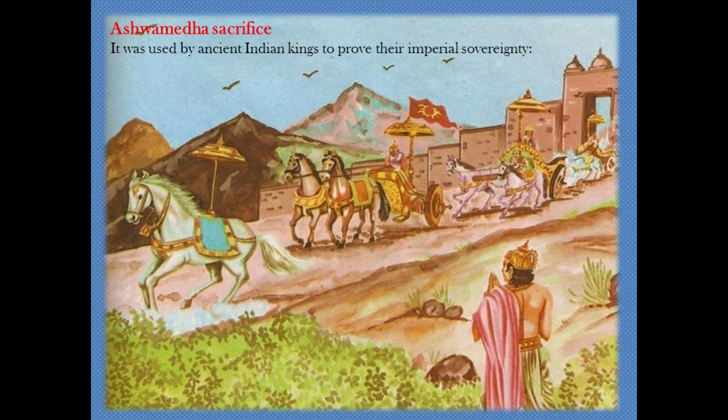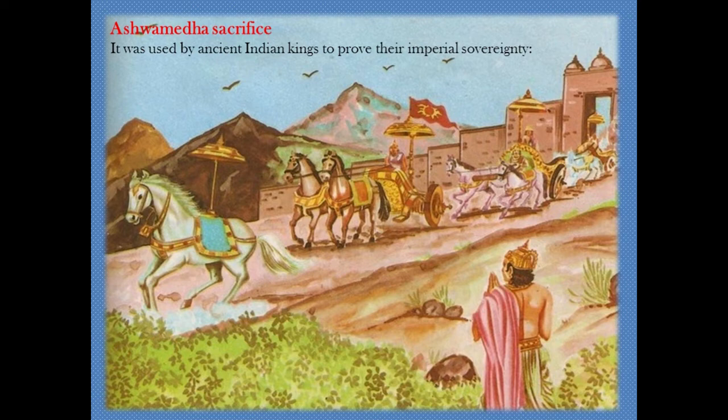Say for example, if this horse went across to neighboring villages or a town ruled by some other ruler, and if that ruler tied away this horse, that meant he was not willing to give away his kingdom, but rather he was ready to fight with this king. So in that way, war usually took place, and this supreme ruler would probably defeat that king, and that kingdom would be added to this ruler's.